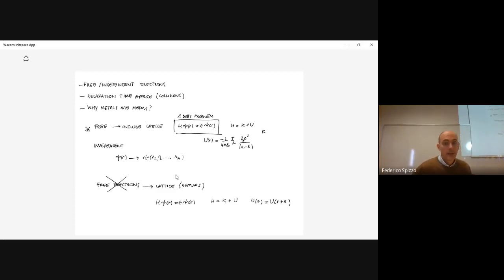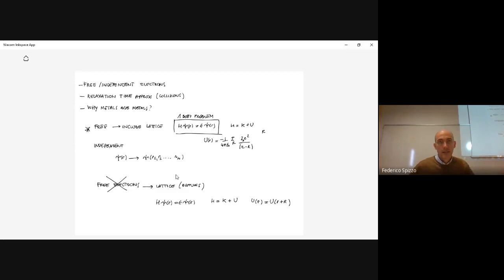At this point, I need to recall something that you have already met, I think, during Struttura della Materia 2, that is the Bloch theorem. In the previous years, I used to demonstrate the theorem, all the details and so on, but maybe this is a sort of repetition for you because you have already studied that four months ago.